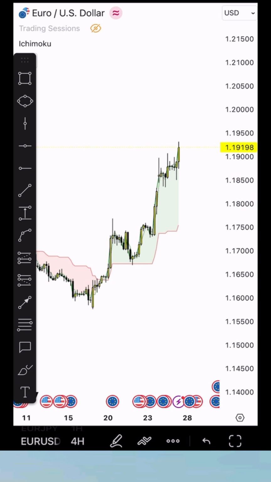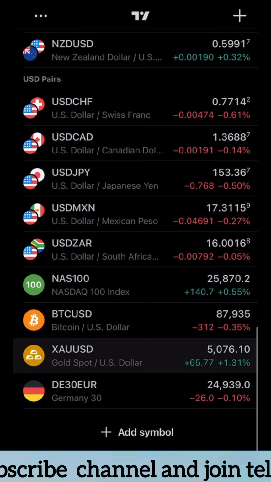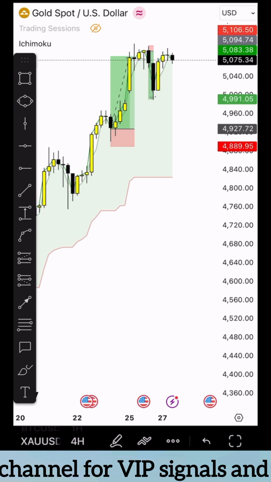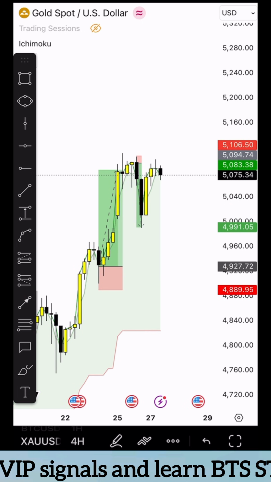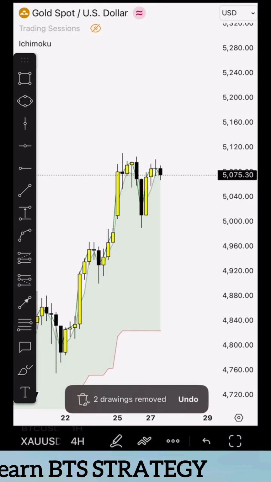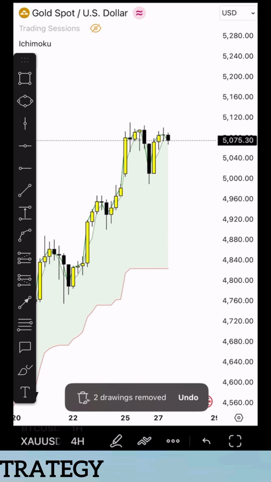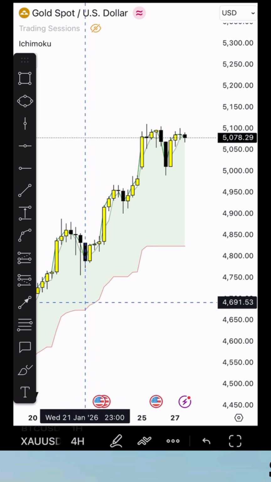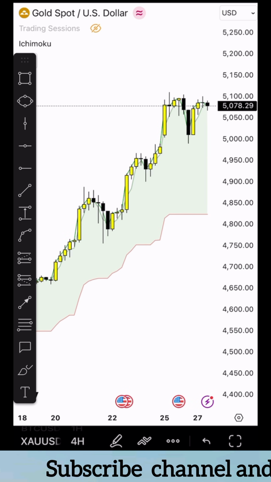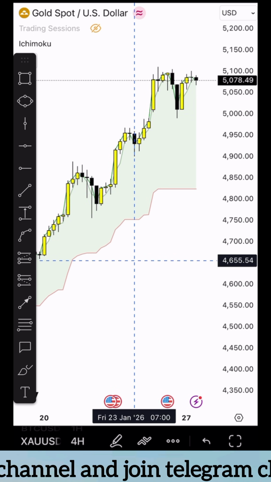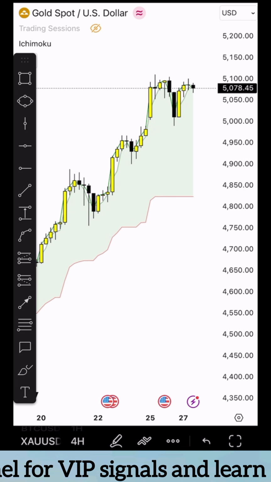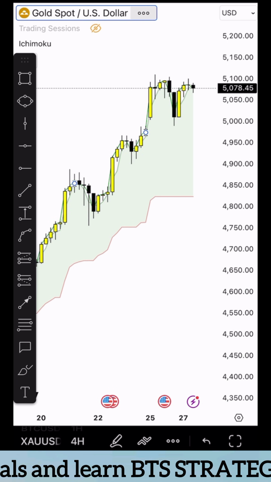So now let's start with gold. Let me just delete everything. One thing you need to understand: this indicator is very, very powerful if you use it the right way. First of all, you can see the cloud.